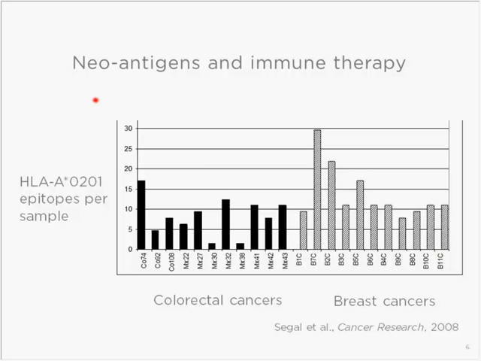This is an example that we can see here from work done collaboratively with Jim Allison back in 2008, looking at the very first cancer exome analyses in colorectal cancer and in breast cancer, showing that if one looks at the theoretical neoantigens that come out of these studies, all the possible mutations, and asks the question of whether any of them are likely to be presented in an HLA-restricted fashion, you see that at least one mutation in each case is a potential neoantigen in every one of these tumors, nicely showing that there is the possibility of recognition by the immune system.